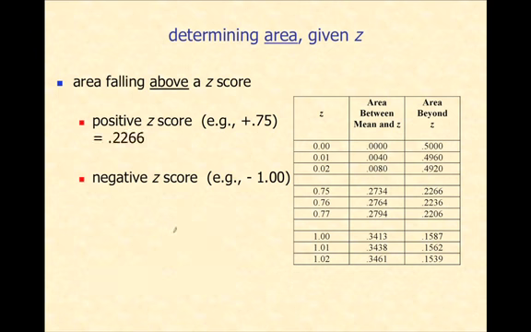What about a negative z-score? Well, we have the same thing, but this time remember we're looking for the area beyond. This is a critical point, and if you don't catch this and you don't already understand this, it will really screw you up with this whole section. So this is z of 0, remember. Negative 1 is down here. We want to know what is the area falling above a z-score.